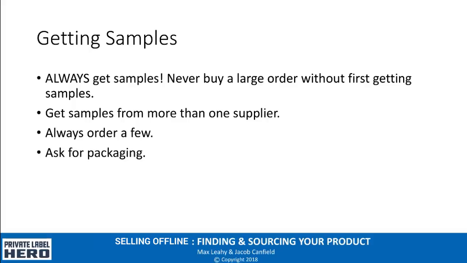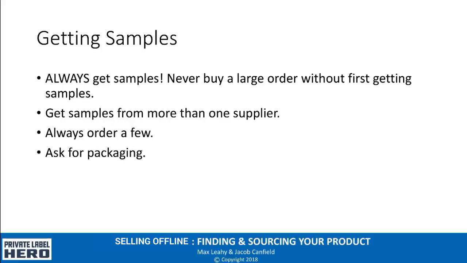Getting samples. Once you find a few manufacturers you're interested in, you want to get some samples of the product. Always get samples. Let me repeat that again. Always get samples. Never order a full order from a manufacturer without getting samples first. You need to get samples to evaluate the product. Don't just get samples from one supplier either.